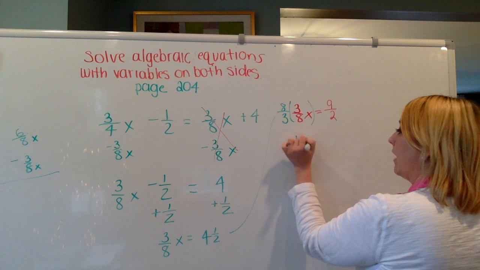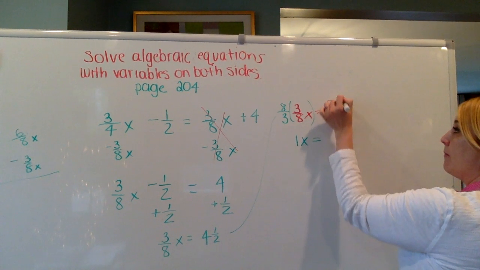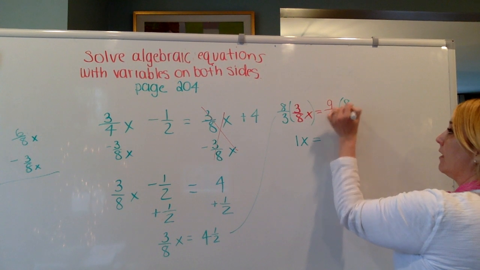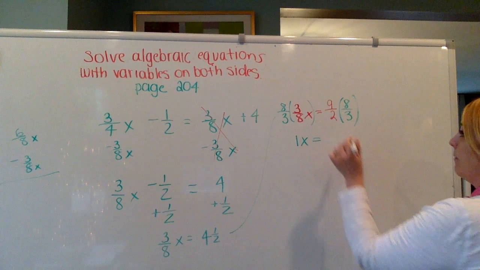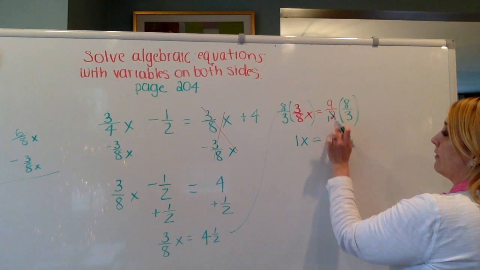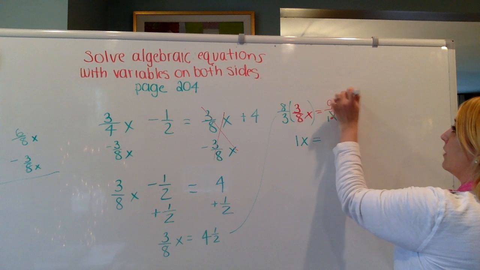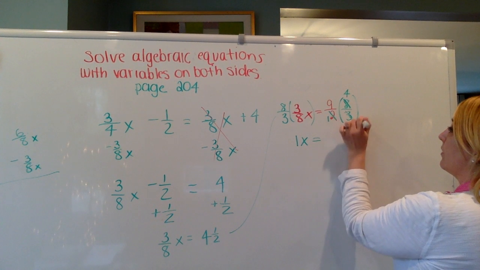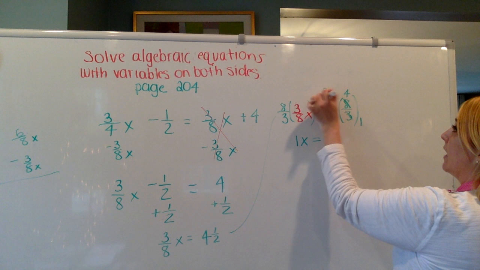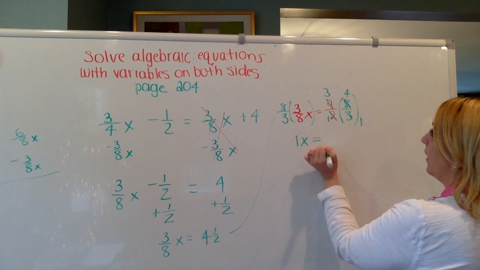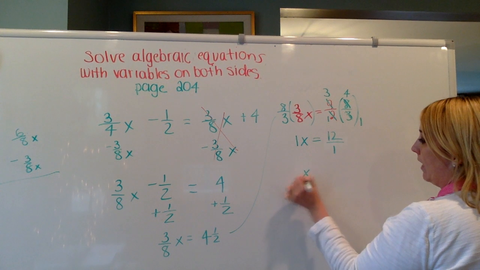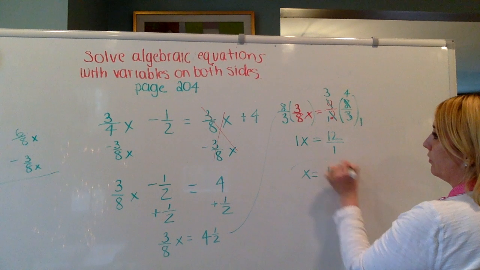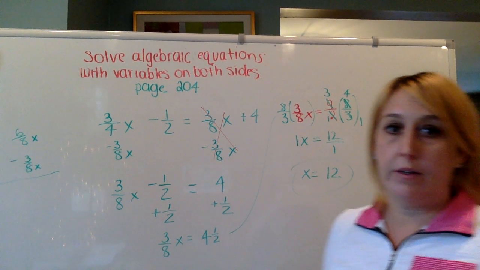So 1x equals, but if I multiply by 8/3 on that side, I need to multiply by 8/3 on the other side. I'm going to cross simplify always. 2 goes into 2 once, 2 goes into 8 4 times, 3 goes into 3 once, 3 goes into 9 3 times. 1x equals 12 over 1, or x is equal to 12.